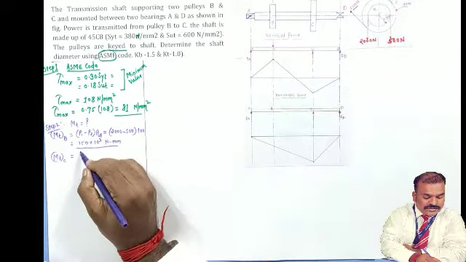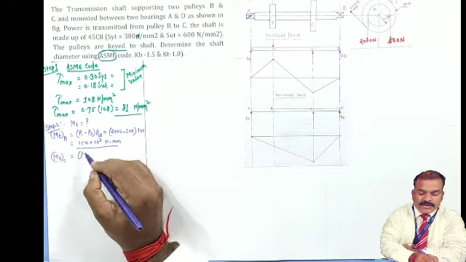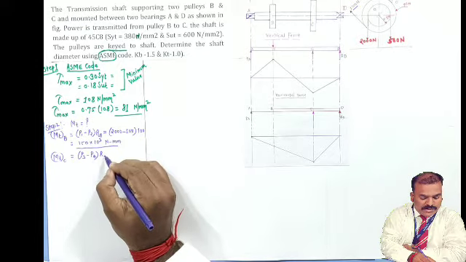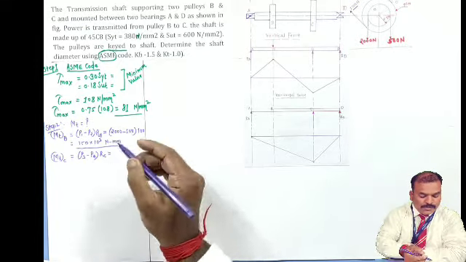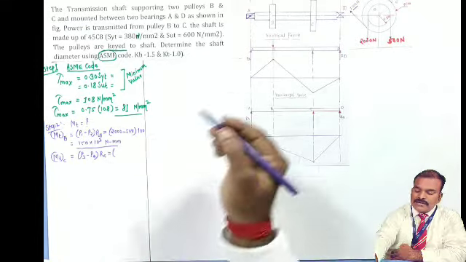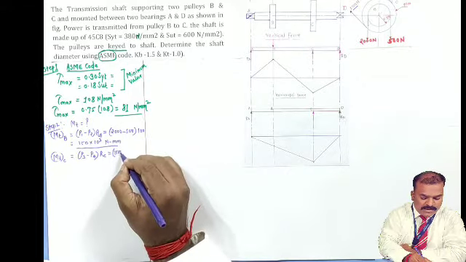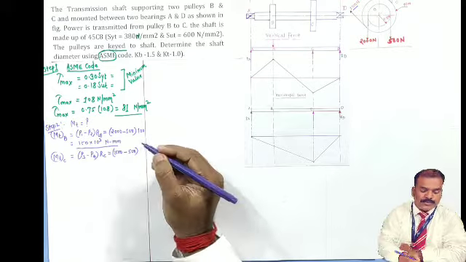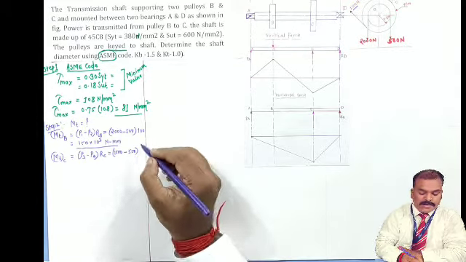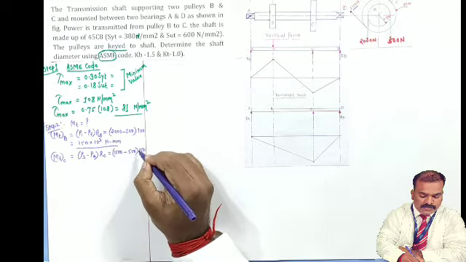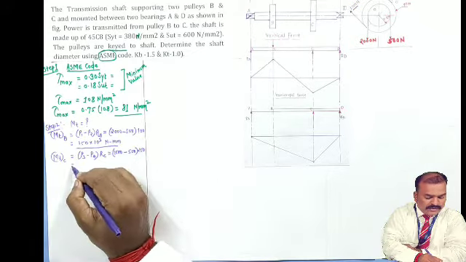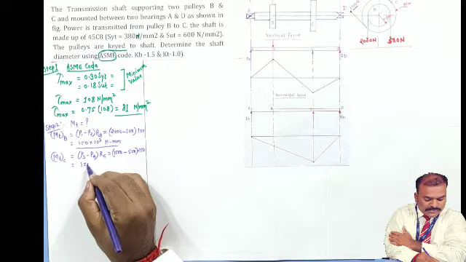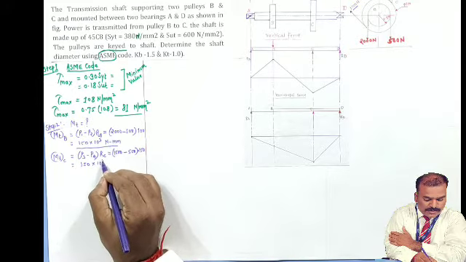So I will use the same formula, P3 minus P4 into radius of pulley C. P3 is given in the figure as 1500, minus P4 500, into the radius; 300 mm is the diameter, so radius is 150. After multiplying this, I'll get the answer. You can check from your side, that is 150 into 10 raised to 3.